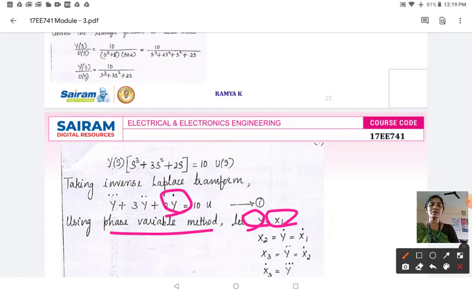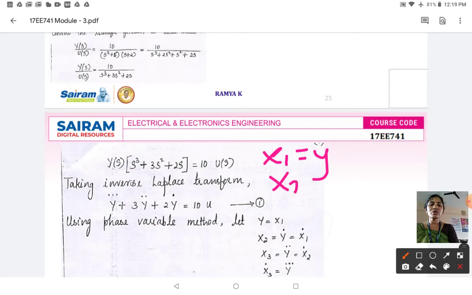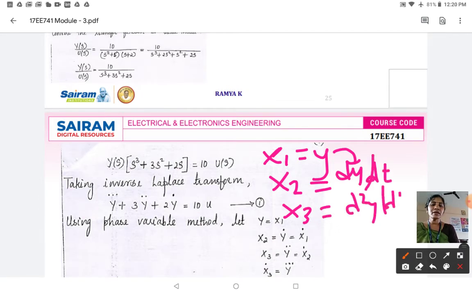The successive state variables will be the differentiation of your phase variable. So x2 is dy by dt, and x3 is d square y divided by dt square.